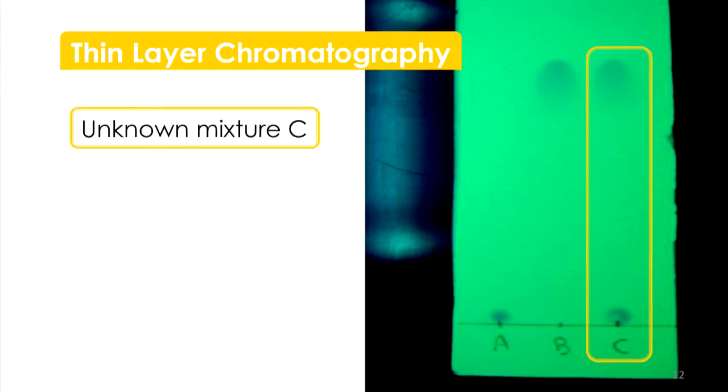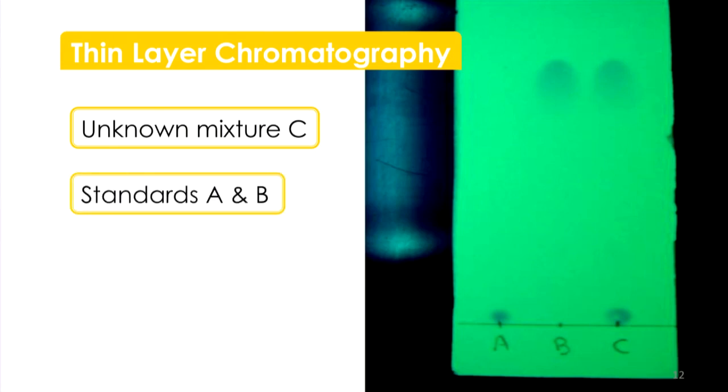So here's a typical TLC plate. It's visualized under UV light, and our unknown mixture that we're analyzing is lane C. And as you can see, the TLC of lane C shows two spots. So probably there's two compounds in here. Now, we're comparing lane C to two known standard compounds.